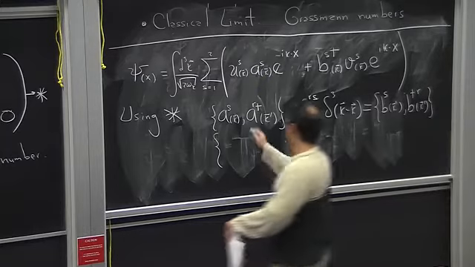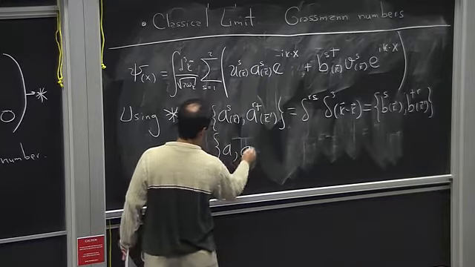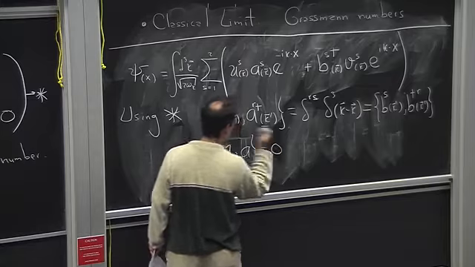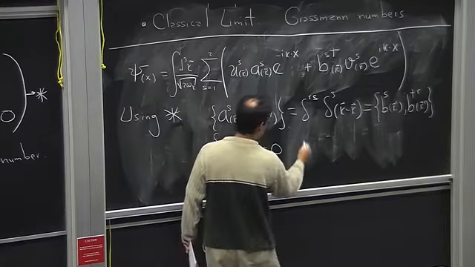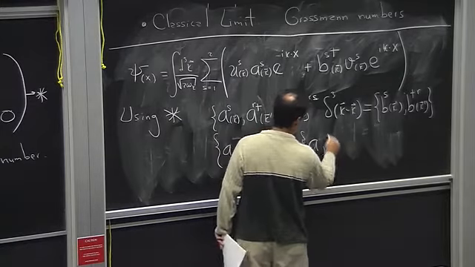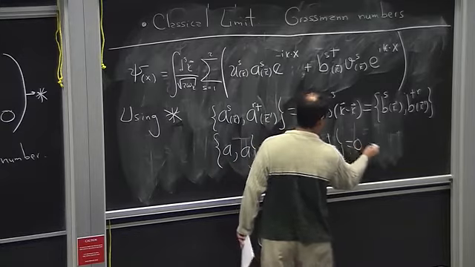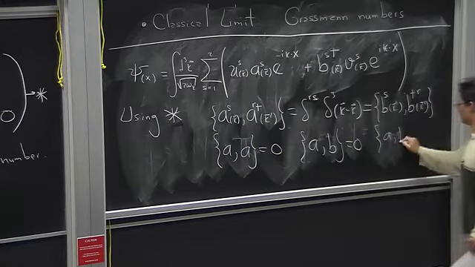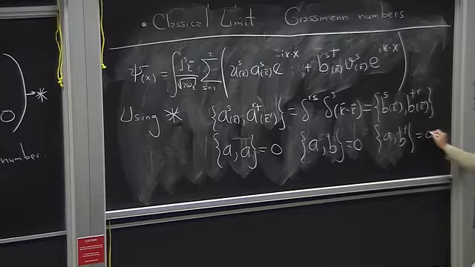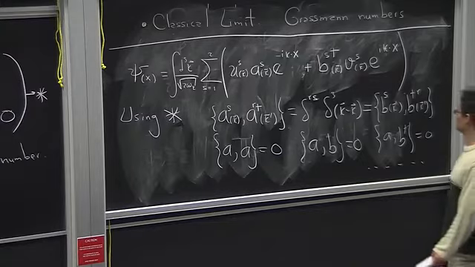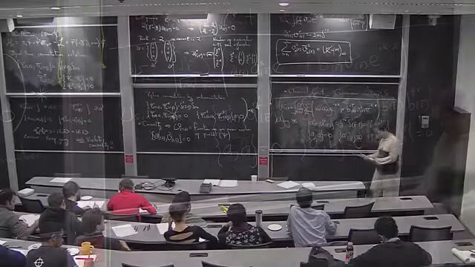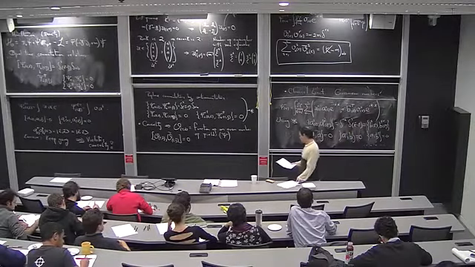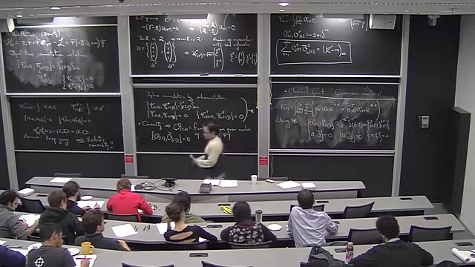Okay? And everything else anti-commutes. Okay? All other possibilities give you 0 for the anti-commutator.